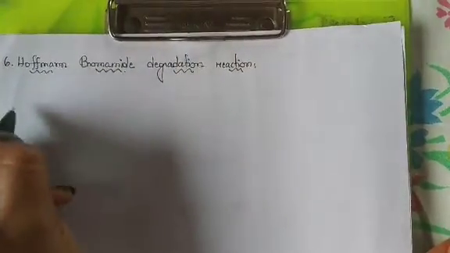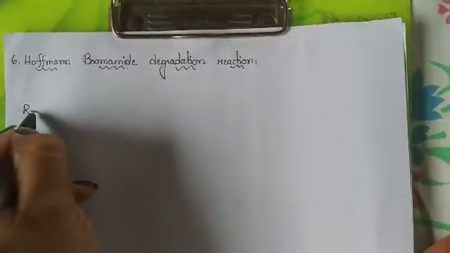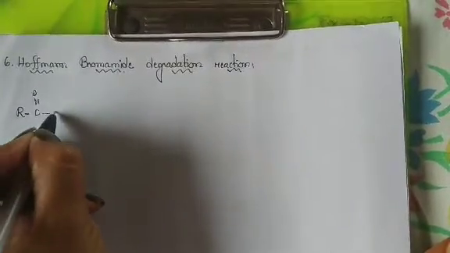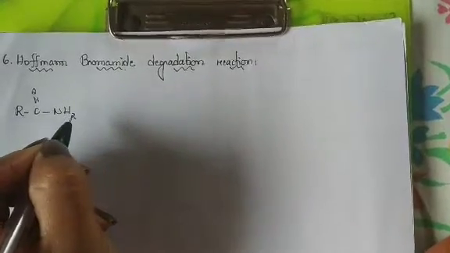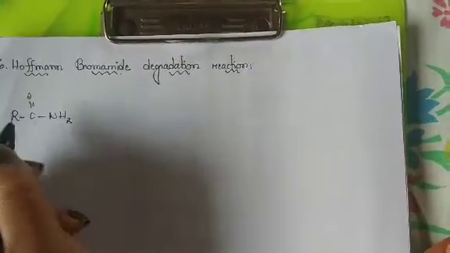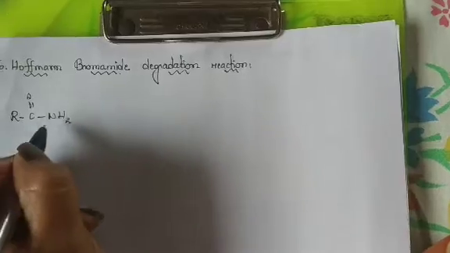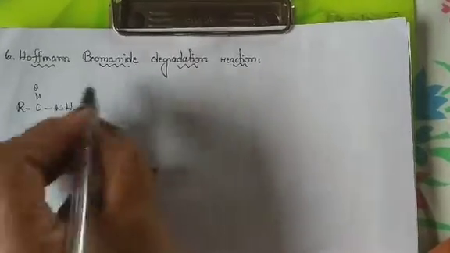Now we have here an amide. Let's take an example here. Amides, as discussed in the first few preparations, are the derivatives of carboxylic acids.